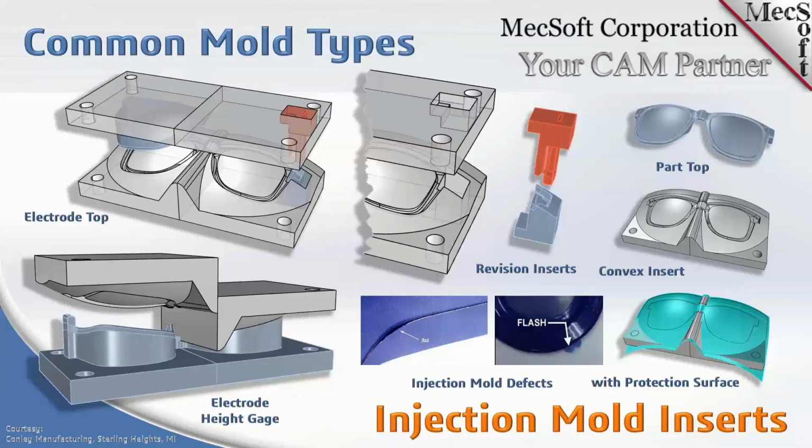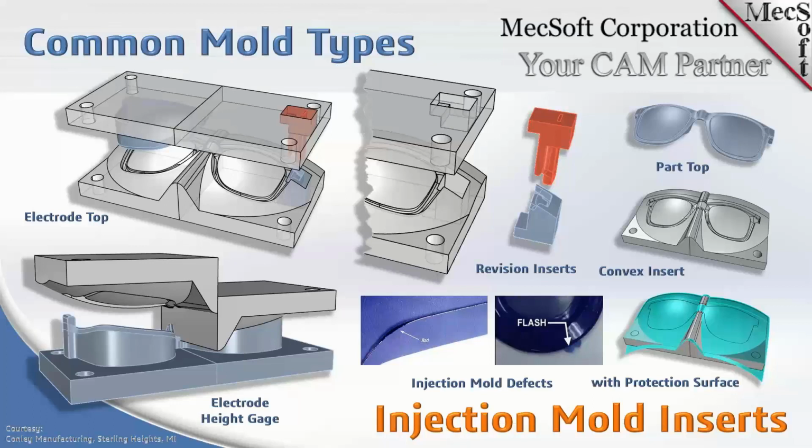Both the cavity and the graphite are submerged in a dielectric solution, and as these two components get closer and closer to each other, about 4 thousandths apart, the electricity starts arcing from your insert to your graphite, and both parts are actually vaporized in the process.